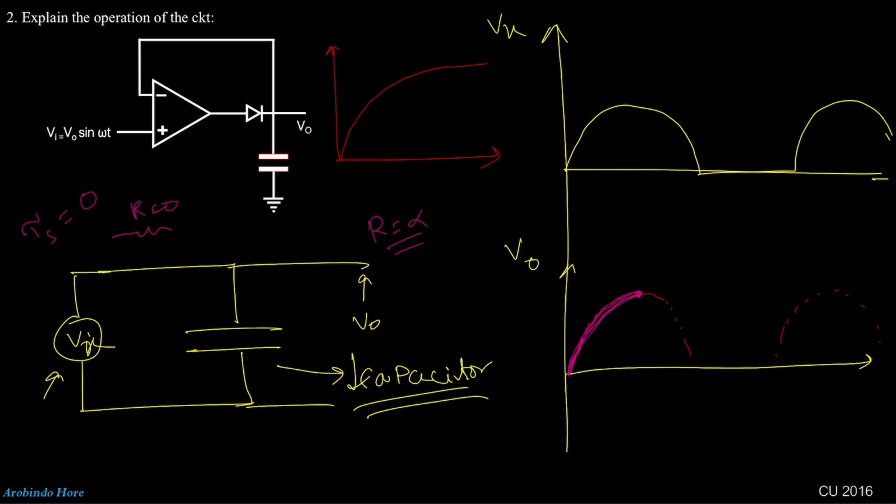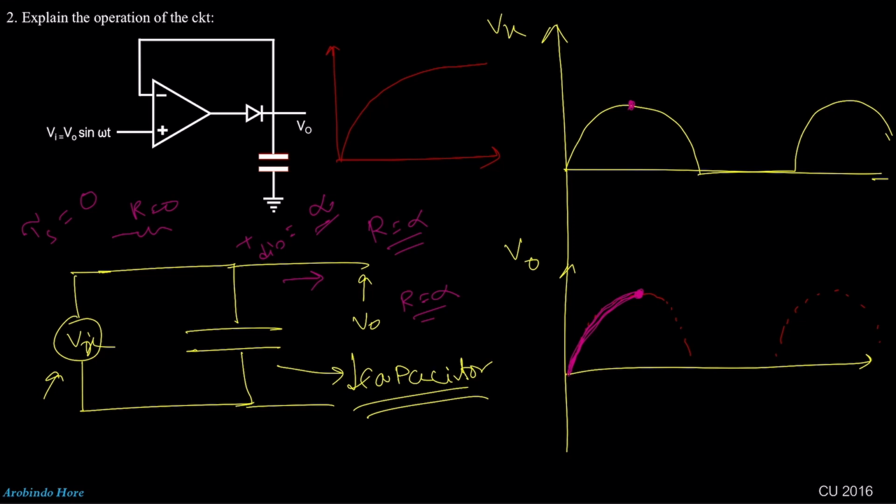So the time constant for discharge will also be infinite. That means when the capacitor is fully charged at this point with the maximum voltage, after that there is nothing for the capacitor to discharge, right? So the capacitor cannot discharge, as the resistance here is infinite. So there will be no current flow through the resistance, right? That means the capacitor will not lose any of its charge, right?